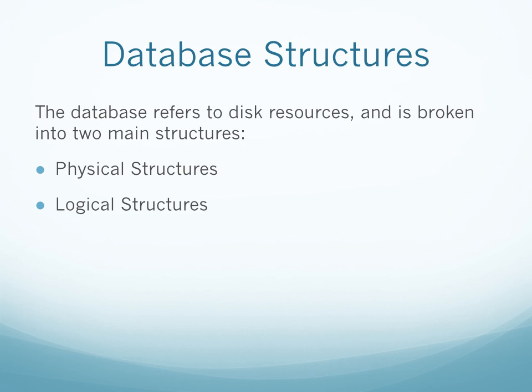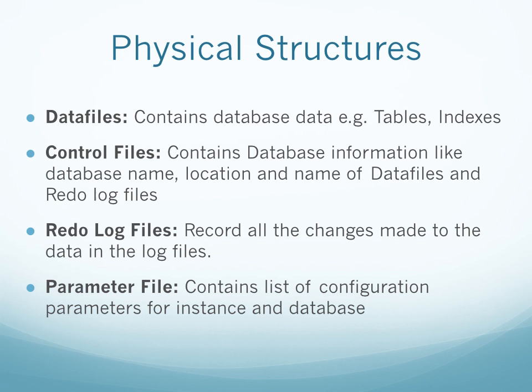The Oracle database can broadly be categorized into two main structures: the physical structures and the logical structures. The physical structures are the files that store the data. First come the data files.